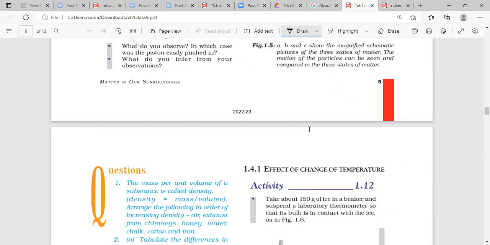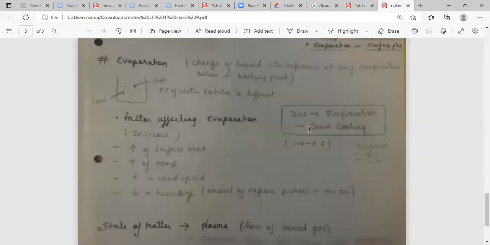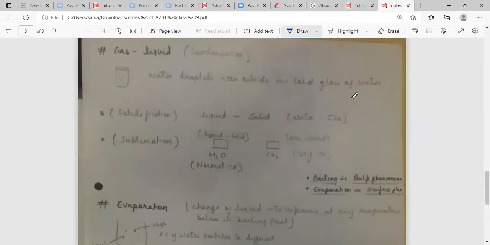Just write it down like this: H2O, normal ice, and CO2, dry ice.